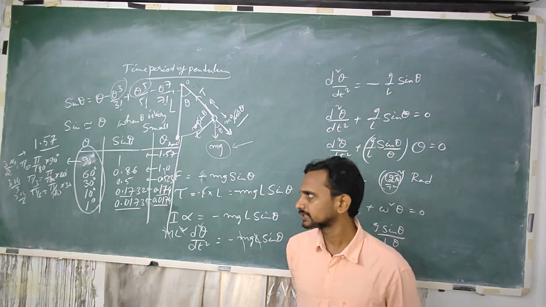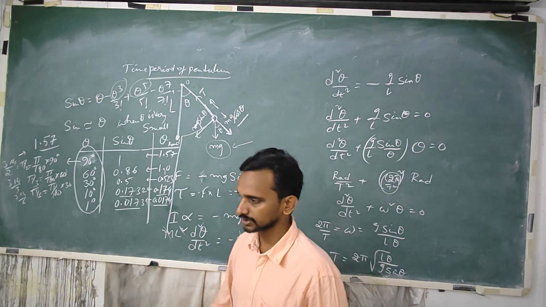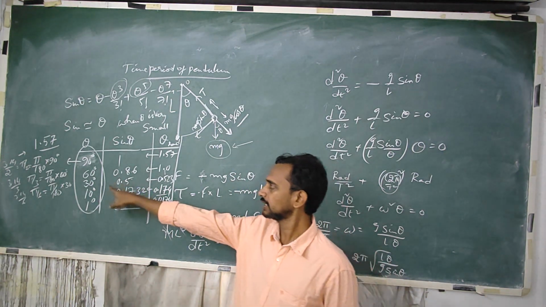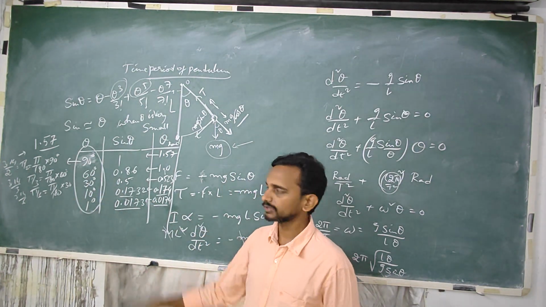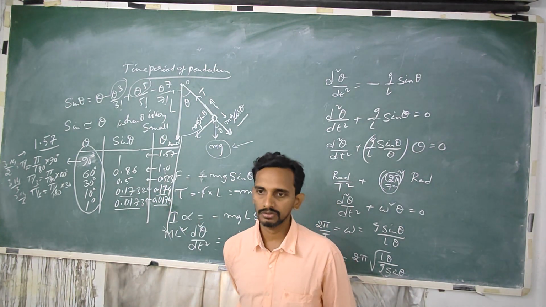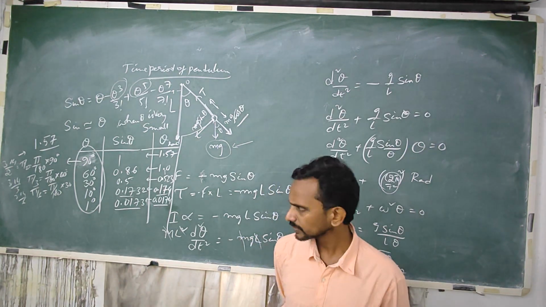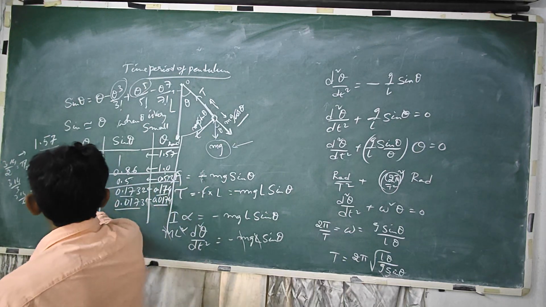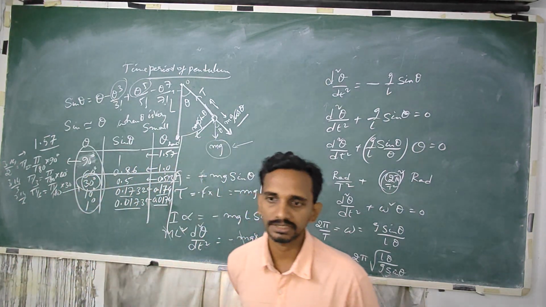So for all experimental conditions, at least 1 decimal point accuracy is considered to be good. So we assume the small value of theta should be less than 30 degrees. If it is equal to 30 degrees, it is good enough, since we get the theta value matching with sin theta up to 1 decimal. So the small value of theta should be less than 30 degrees.